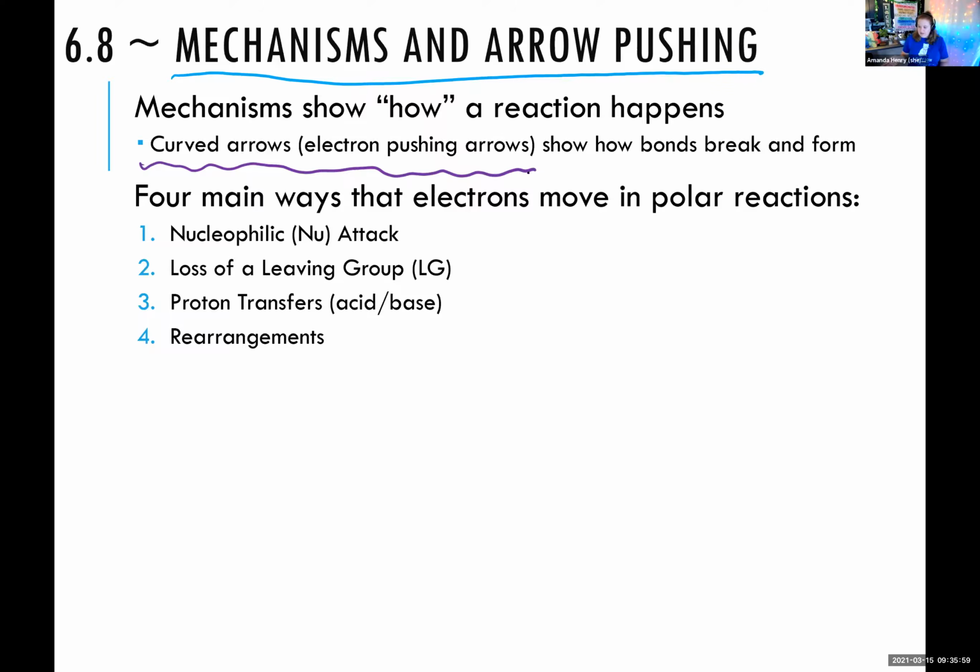What we're going to look at on our next handful of slides, though, are these 4 main types of electron arrows. We're going to go through each one and look at examples. These are the 4 main types of ways that reactions take place. Now, a side note, reminder, warning, however you want to take this.